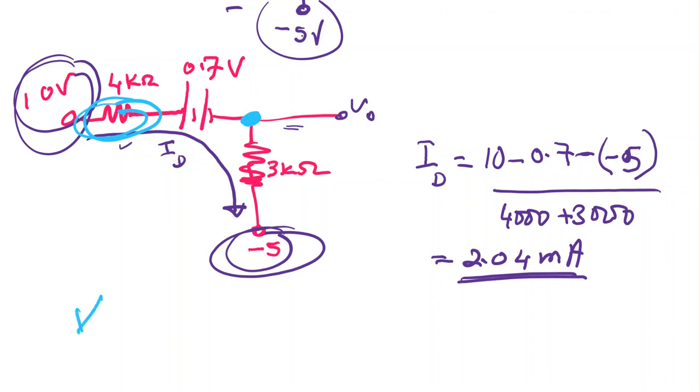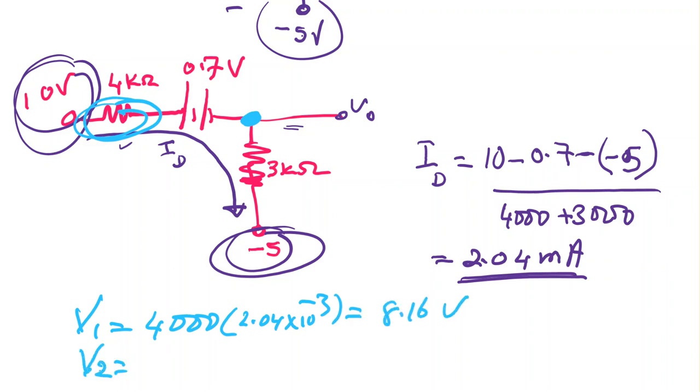So what is V1? V1 is nothing but the 4,000 ohms multiplied by the current, which is 2.04 milliamperes. And if you calculate, this is 8.16 volts. What is the voltage V2? That will be again 3 kilo ohms multiplied by 2.04 times 10 to minus 3, and that gives me 6.12 volts.